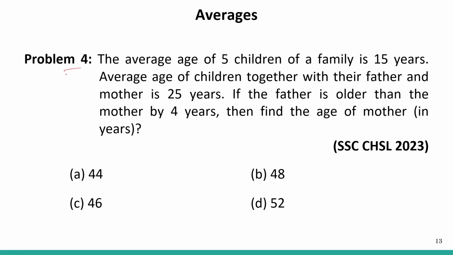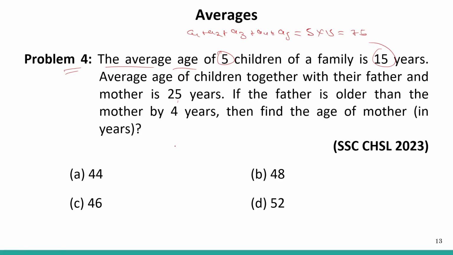So let's go forward with problem number 4. The average age of 5 children of a family is 15 years. So let the children be A1, A2, A3, A4, A5. So this is given as 5 into 15. Since their average age is this much, their cumulative age will be 15 into 5 is equal to 75 years, right? The average age of the children together with their father and mother is 25 years.